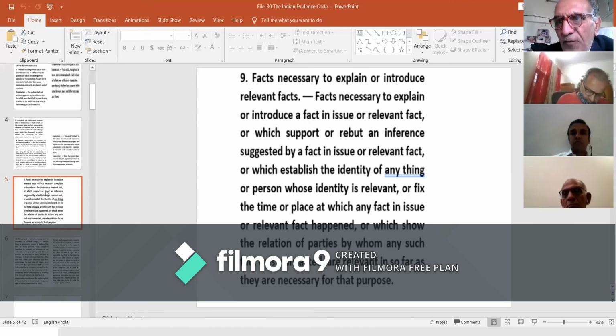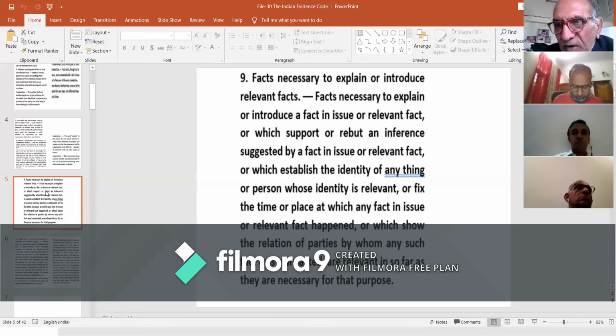Means, if interpretation is an issue, if the interconnection is an issue, then those facts are taken to be necessary. The facts necessary to explain or introduce relevant facts. So it in a way is an interpretive clause.